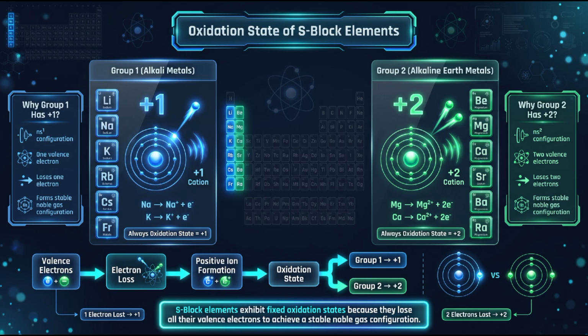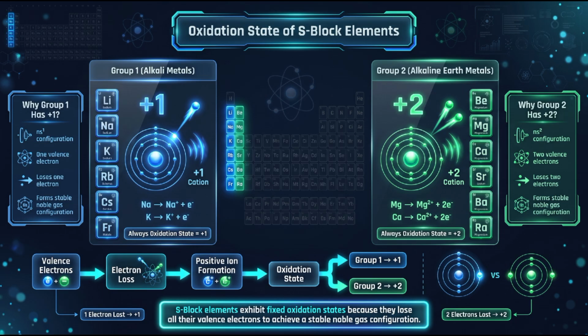The image first explains the oxidation state of Group 1 alkali metals. These elements include lithium, sodium, potassium, rubidium, cesium, and francium. All of these elements have the same general electronic configuration, ns1. This means every group 1 atom possesses 1 valence electron in its outermost shell.